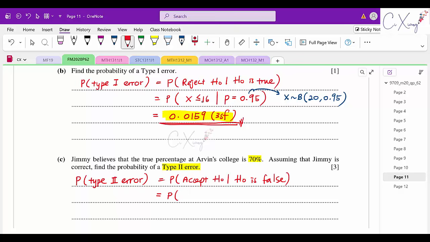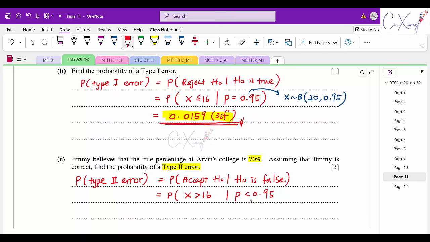If the rejection region is x smaller than or equal to 16, the acceptance region will be x greater than 16, no equal sign. When they say the null hypothesis is false, that means p is no longer 0.95, so it should be p smaller than 0.95. But when p is smaller than 0.95, there are many possibilities. It can be p equals 0.8, p equals 0.9, and so on.